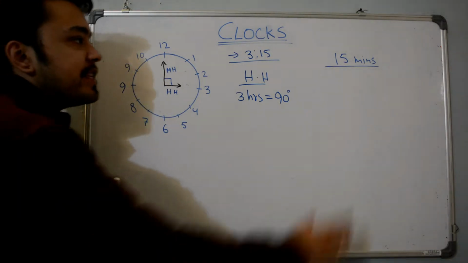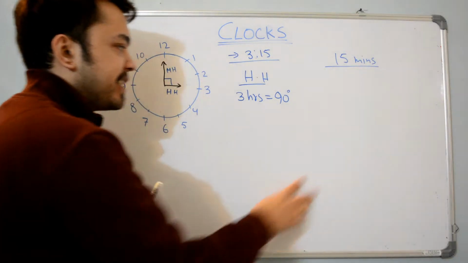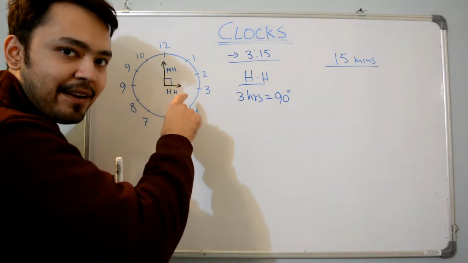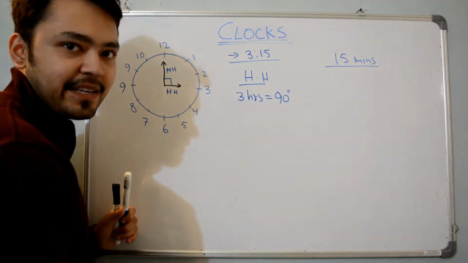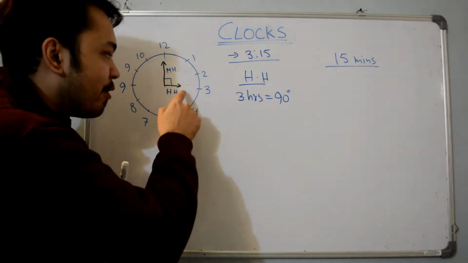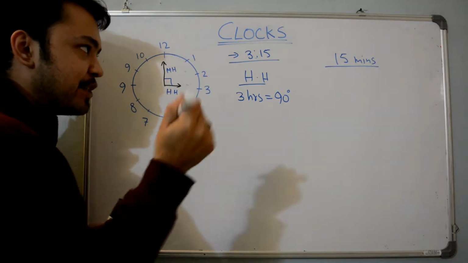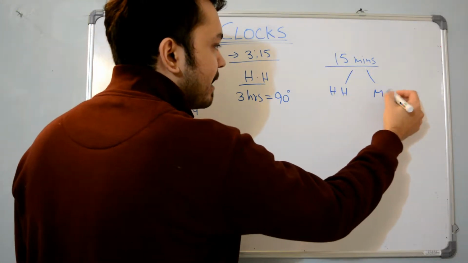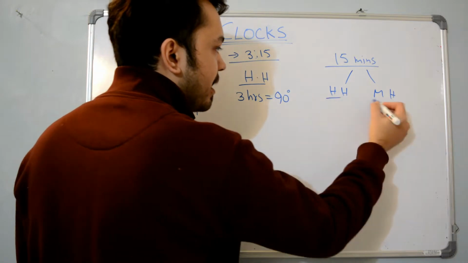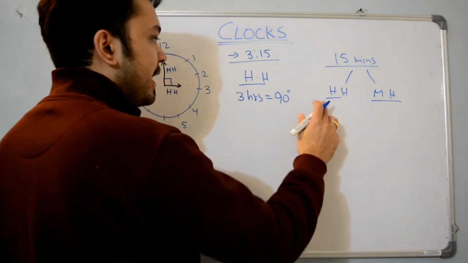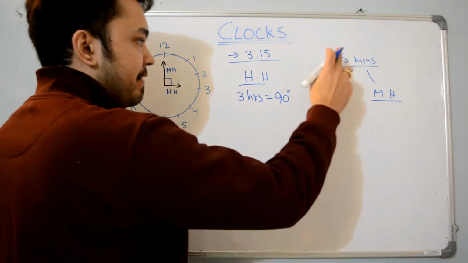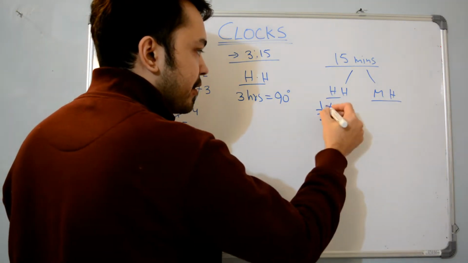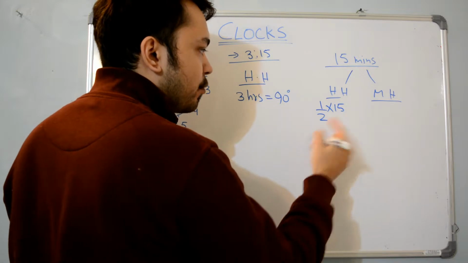Why? Because in the remaining 15 minutes, right, the hour hand will not wait for the minute hand to come and meet it, right? It will also move in the clockwise direction. So in 15 minutes, our hour hand and minute hand will both be covering some distance too, right? Hour hand covers 1/2 degree in 1 minute, so in 15 minutes it will be 15 into 1/2, which is 7.5 degrees.